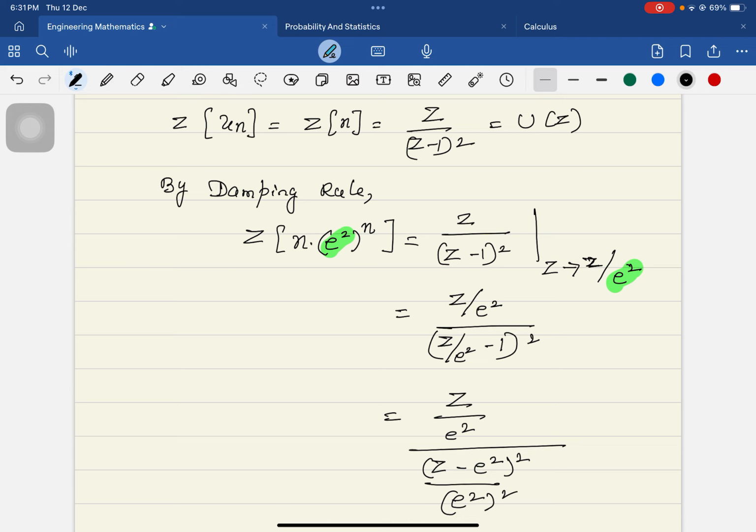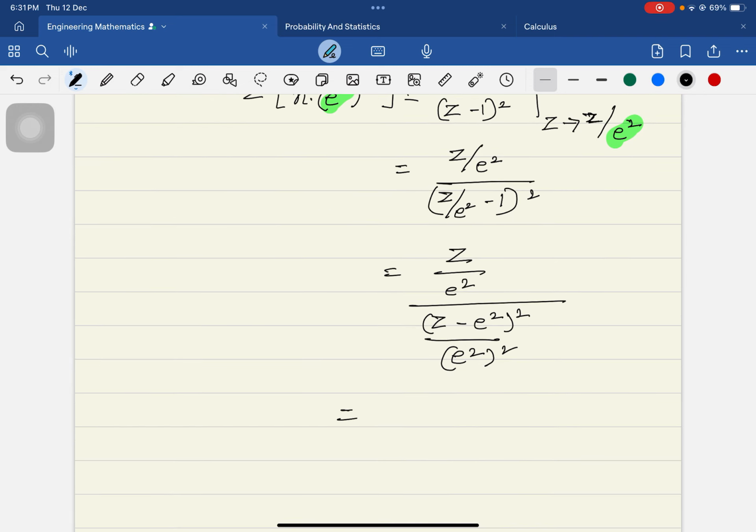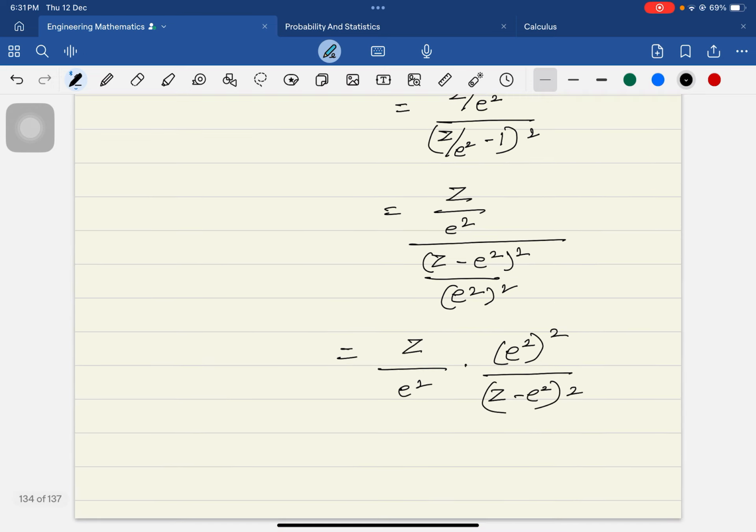So let us flip the fraction. Then you will get the result as z by e square times e square, the whole square by z minus e square, the whole square. So the value is what now? z times e square by z minus e square, the whole square. This is the solution.